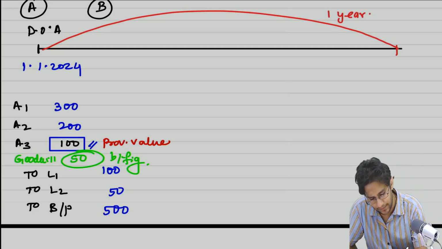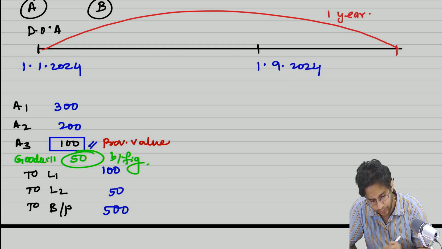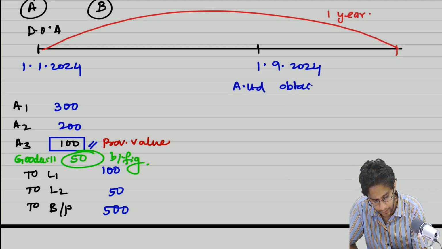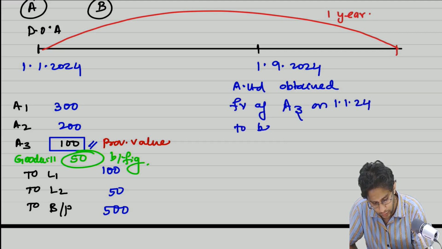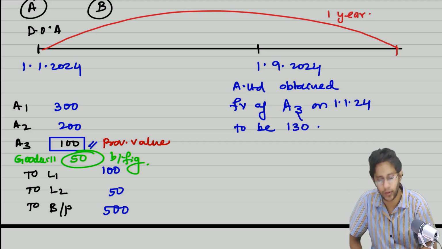So, let us say on 1/9/2024, A Limited obtained the fair value of A3 on 1/1/24 to be not 100, let's say it's 130.